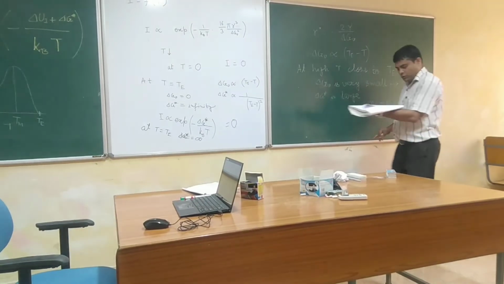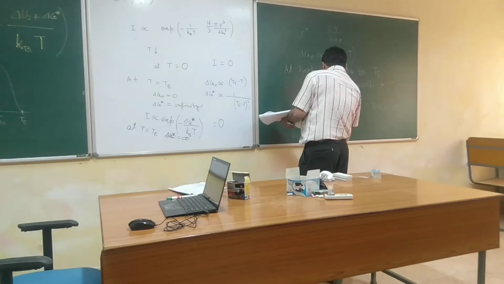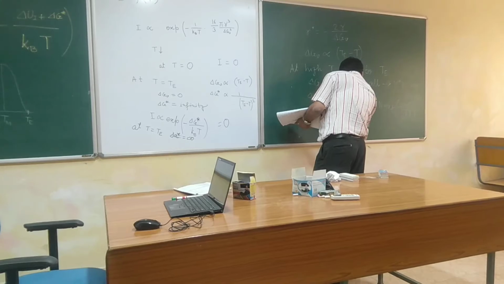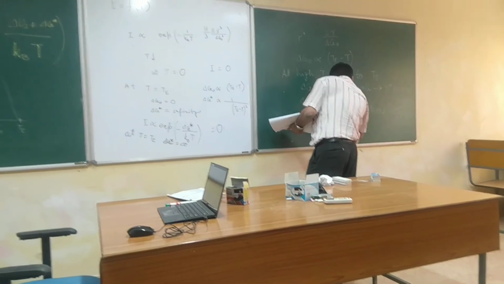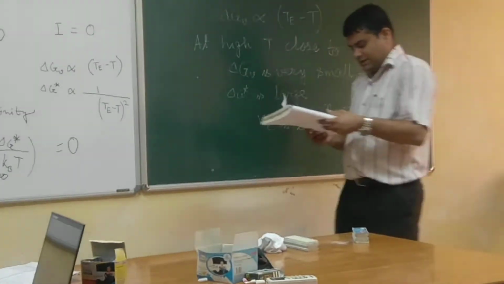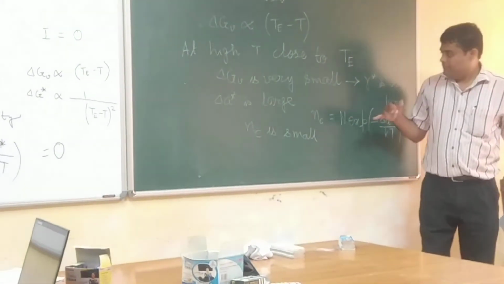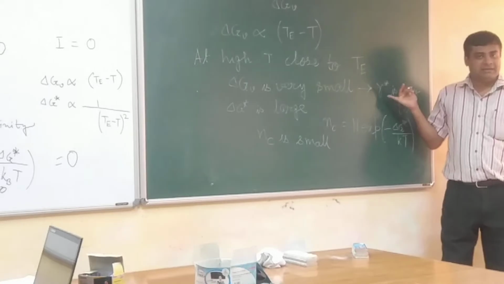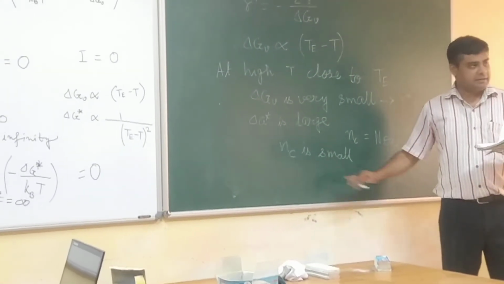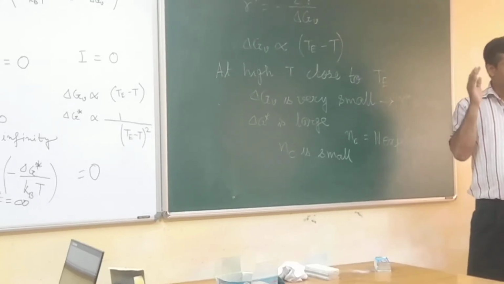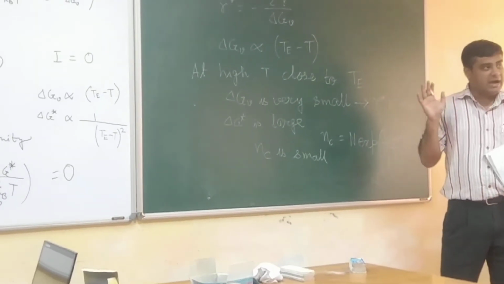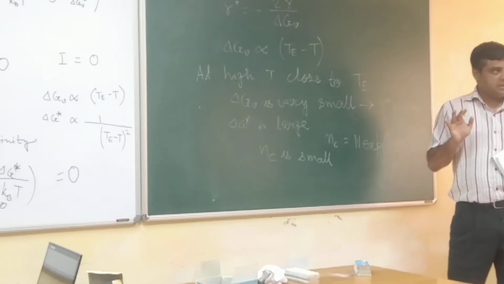So NC becomes very small. So very few such large nuclei, large critical size nuclei, can form very close to your equilibrium transformation temperature, despite its high mobility.